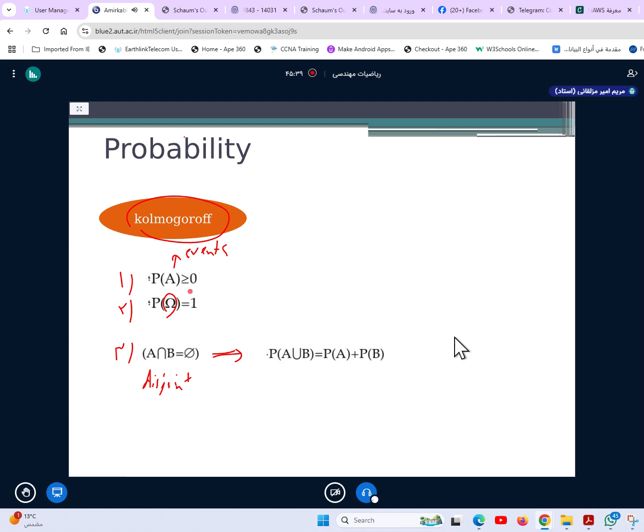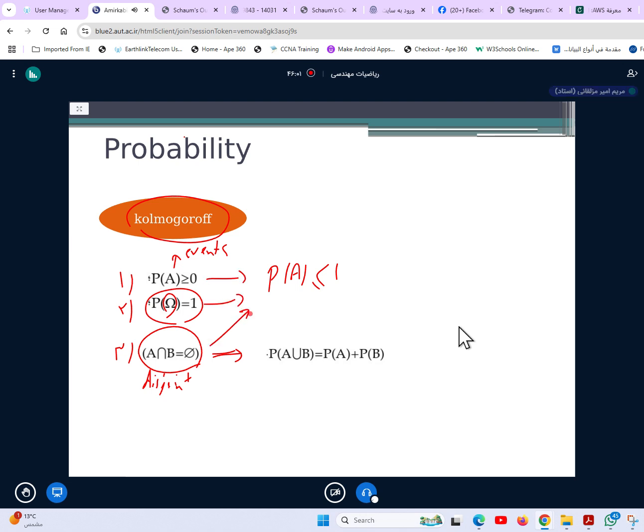Please consider that if we have these three conditions for probability, we do not need to also mention that the probability of A should be less than or equal to 1, because the second and third conditions imply this.